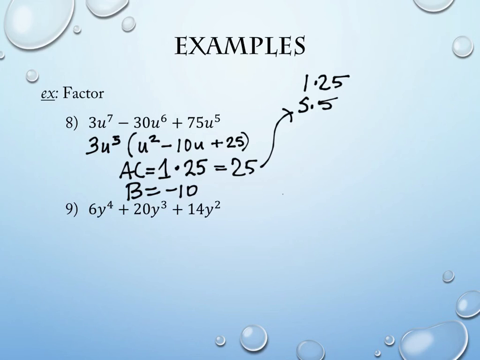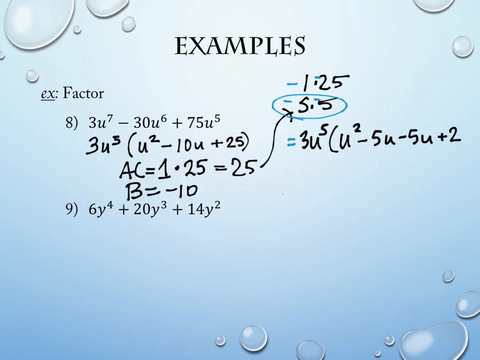The sign when I add them together in the middle is supposed to be negative, so there have to be negatives on everything. So negative 5 and negative 5 is what will do it for me. So if I rewrite, I still have that 3u to the 5th in front. Now I have u squared minus 5u plus 25.